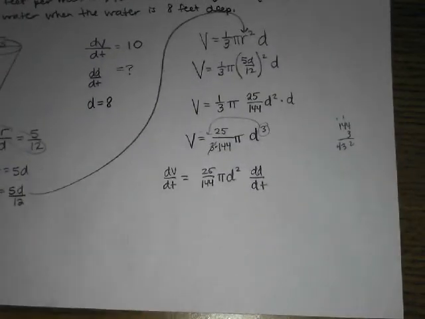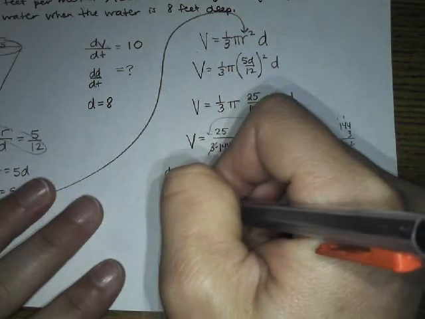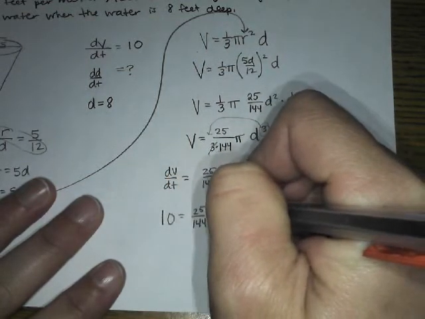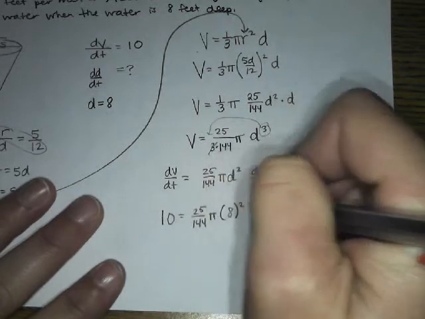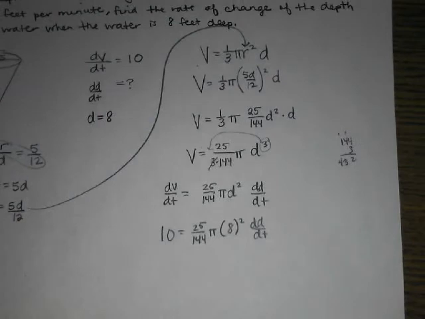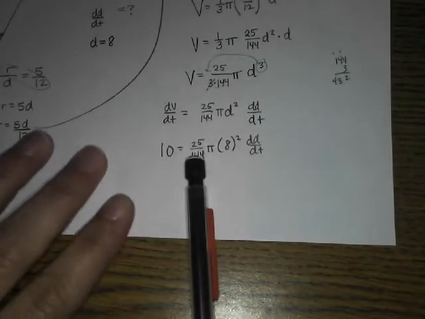And now we can plug in everything that we know. dV dt was 10. D squared is obviously 8 squared, dD dt. So if I want to do it piece by piece, I can get rid of this 25 over 144 by multiplying by the reciprocal.